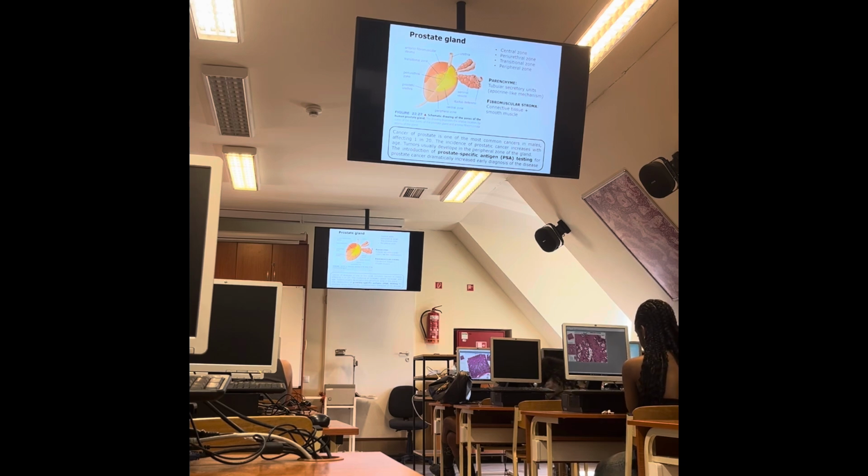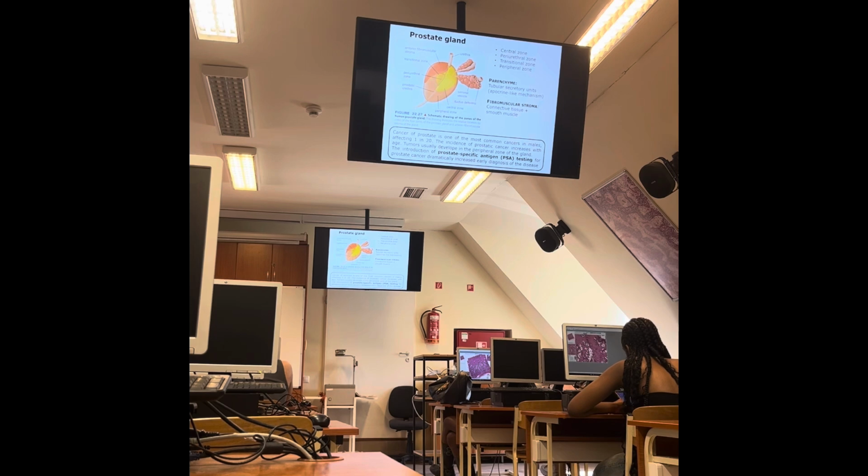Different zones we can recognize in the prostate gland, and it's occupied by tubular glands. A major part of the glands is peripherally located in the peripheral zone. These are also called the main glands of the prostate, and they take around 70% of the total glandular units of the prostate.